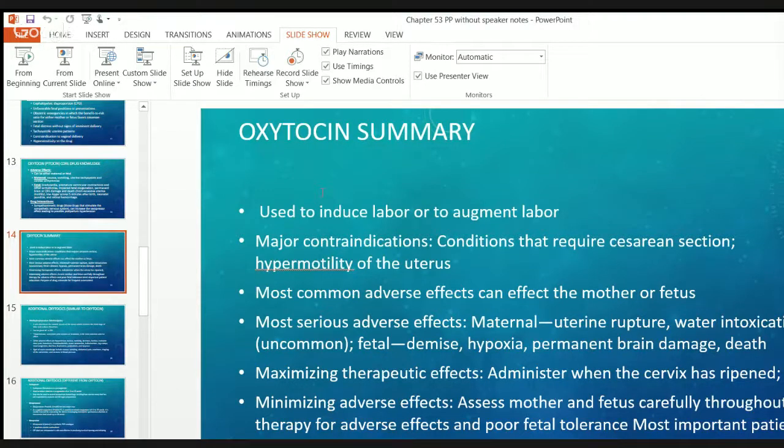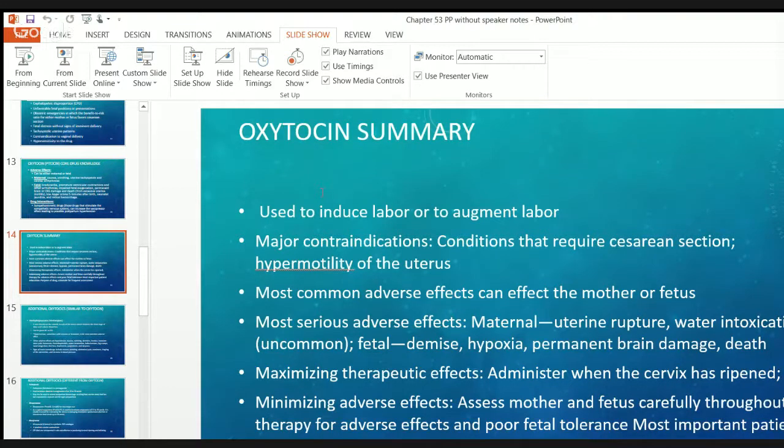Also, hypermotility or stimulation of the uterus. The most common adverse effects can affect the mother or the fetus. The most serious maternal adverse effects are things like uterine rupture and water intoxication, which is uncommon, but can happen. Fetal adverse effects are things like fetal demise, hypoxia, permanent brain damage, and possibly death.